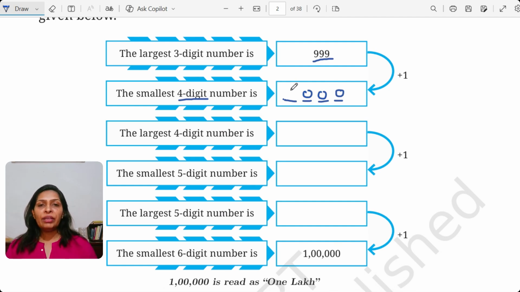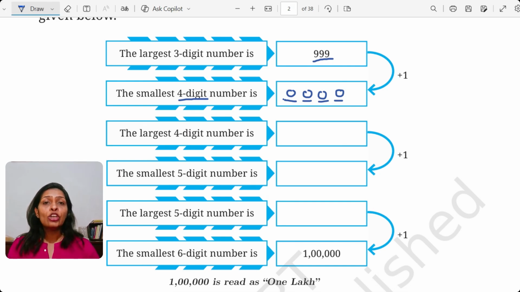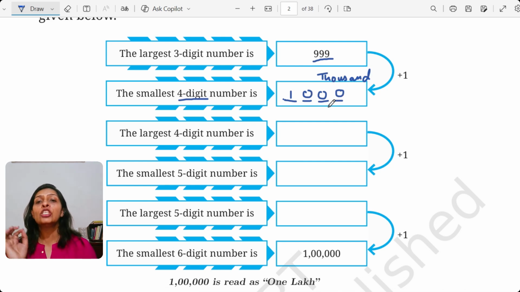But can I put 0 in the first place? The answer is no, because then the number becomes meaningless. So rather than 0, I will put 1. So the smallest four digit number I can have is 1000.